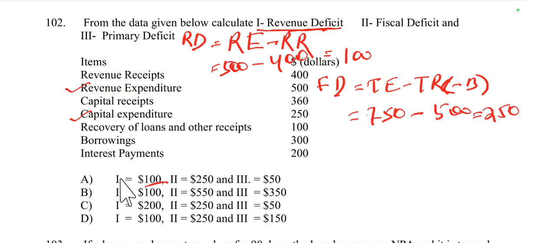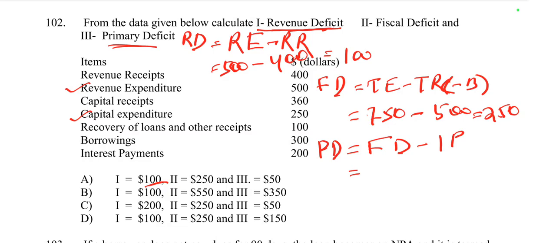So first, revenue deficit is equal to 100, then fiscal deficit is equal to 250, then the last one is primary deficit. So the primary deficit formula is fiscal deficit minus interest payment.